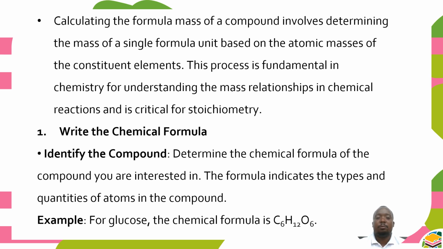First of all, you have to write the chemical formula. You identify the compound and determine the chemical formula of the compound you are interested in. The formula indicates the types and quantities of atoms in the compound.